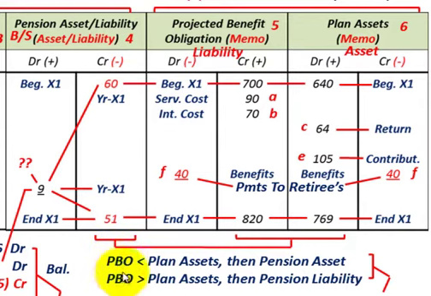Okay, so it's not really the balancing between debits and credits. You have to look at it in this relationship. So in this case, the PBO, a projected benefit obligation of $700,000, was greater than our plan assets of $640,000. Then we would have a pension liability. So that becomes our pension liability here. Our assets are actually reduced. That is, we're looking at it in terms of assets here.